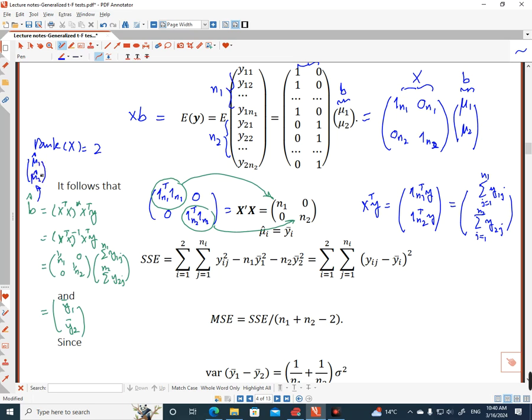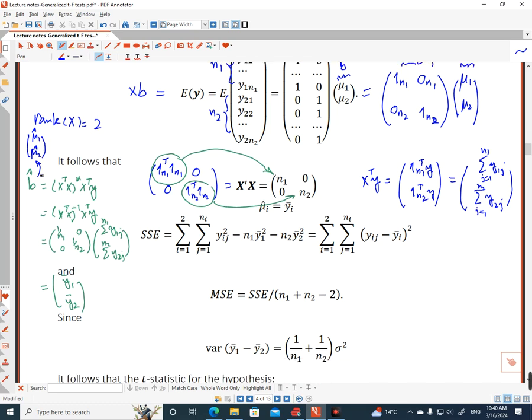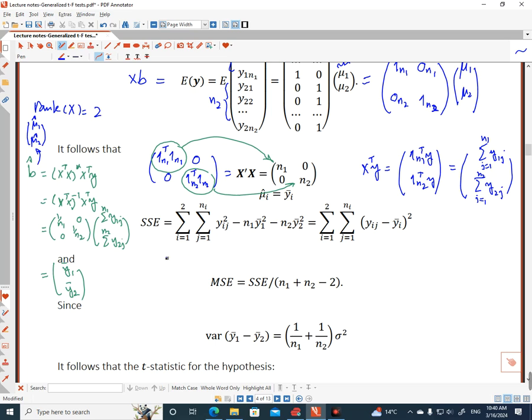Okay. The next step is to compute the SSE. For the computation of SSE, let's write the formula. It is, of course, the sum of the squares of all the observations, minus b hat transpose X prime y.